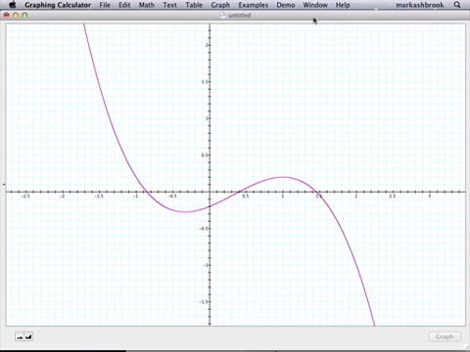Okay, so if this was an accumulation function, could you sketch the rate function? If this was an accumulation, could you sketch the rate? We should be able to do that, so let's practice that.